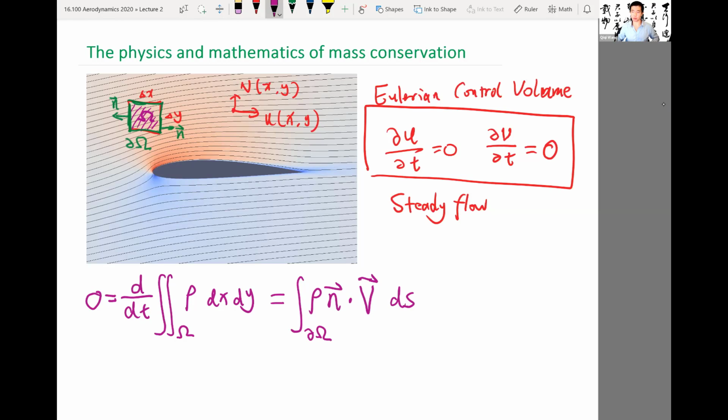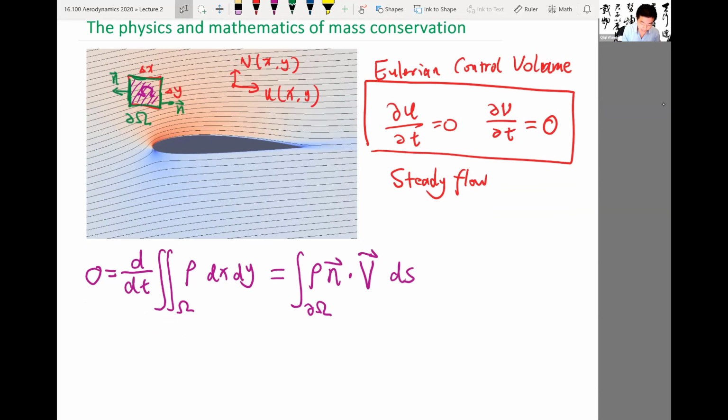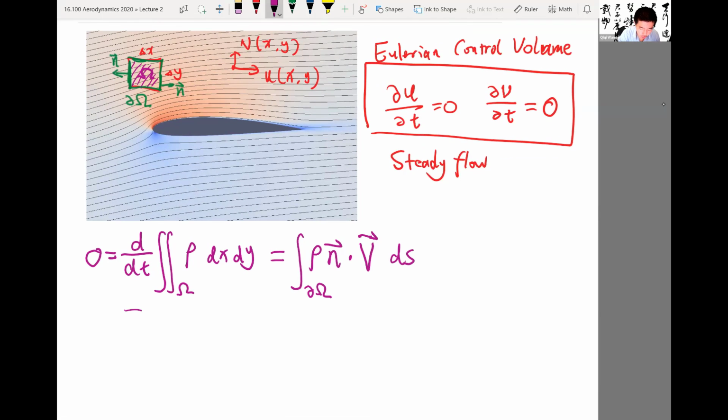We want to know everything that happens everywhere in the flow field. So let's look at this control volume as a square and look at the limit case as we make this square smaller and smaller and see what we get. Let's start with this general form of the mass conservation and look at what this means for a control volume that is a square, and then shrink it to a point.